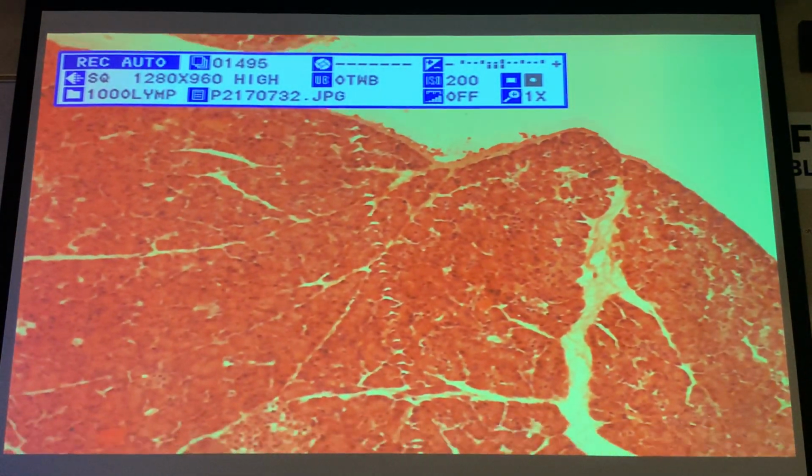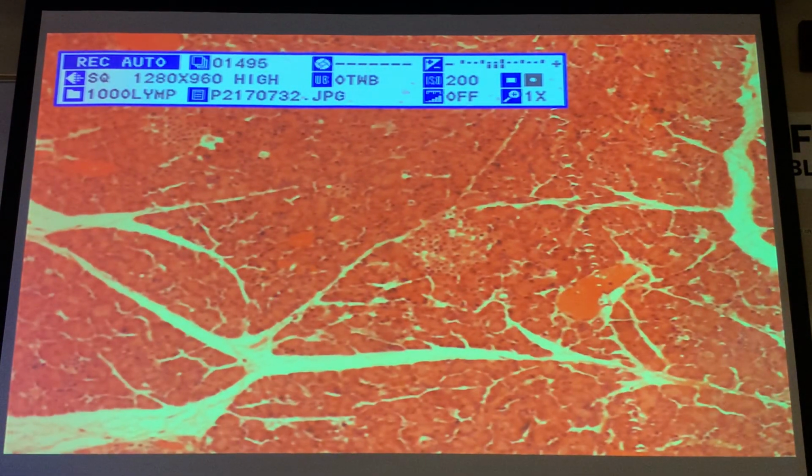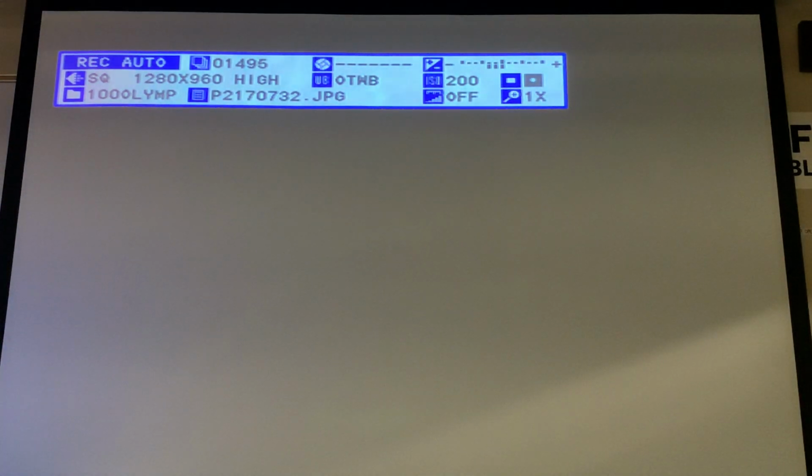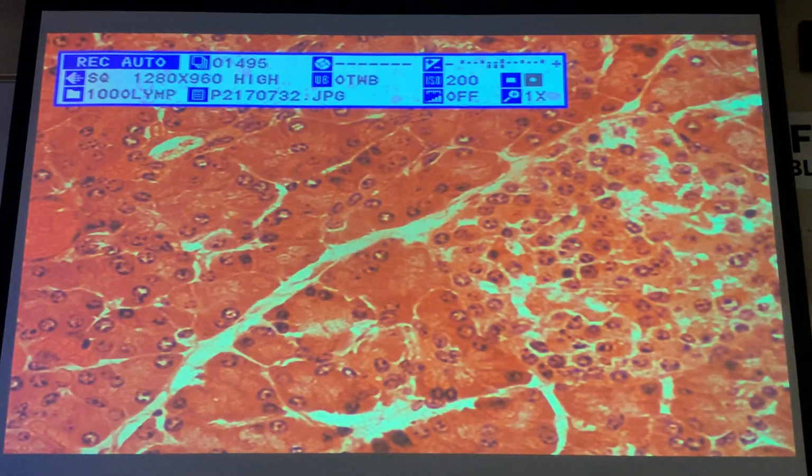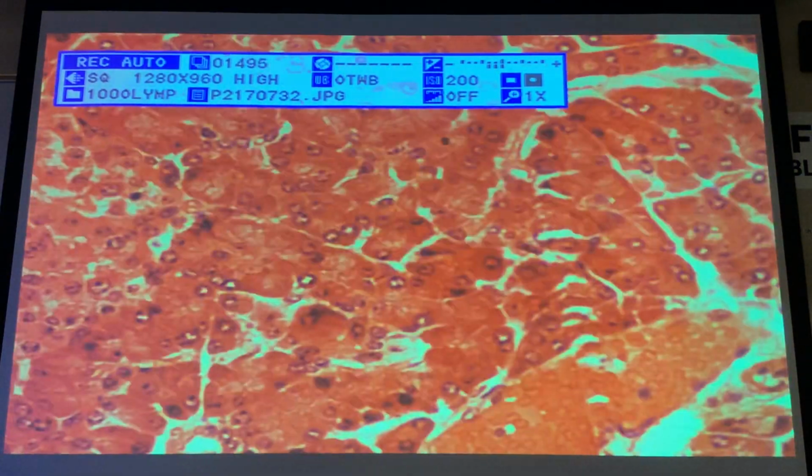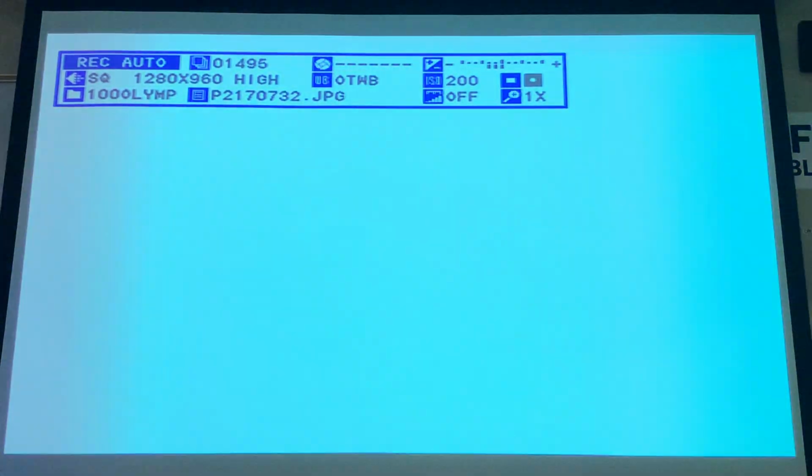Okay, I'm going to take it up to 40x. No, I'm going to take it to 10x and then maybe I'll show you 4x.